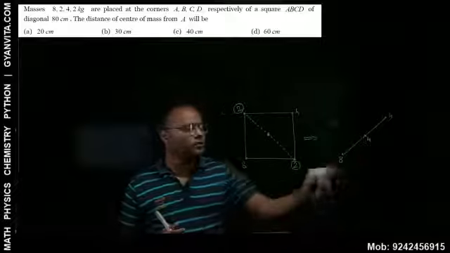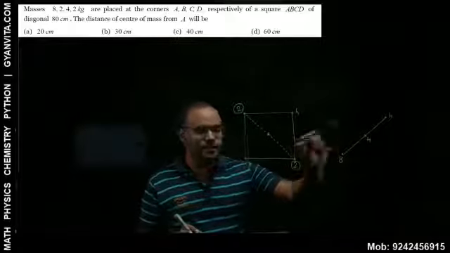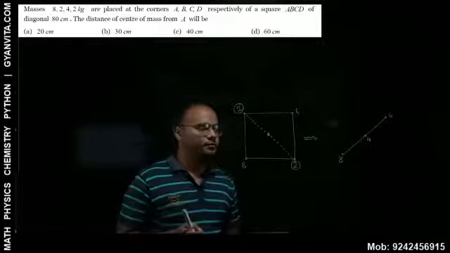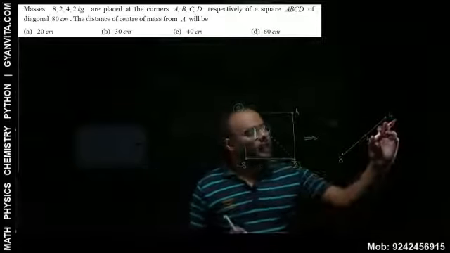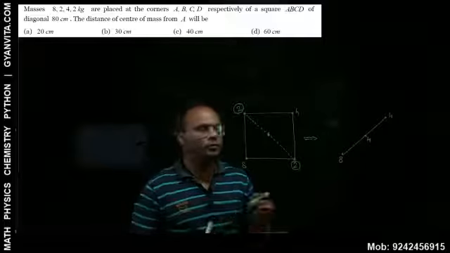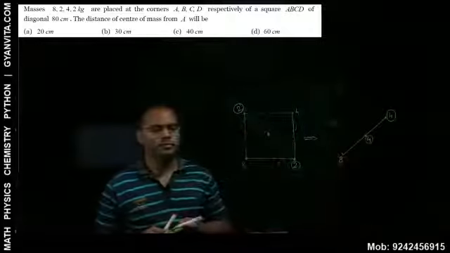Any doubt in this? Yes, sir. No, sir, no. Can I say that these two are equivalent? Yes, sir. Okay. Now again, here you have a system of two equal masses. Where are those two masses? This 4 and 4. Are they equal?